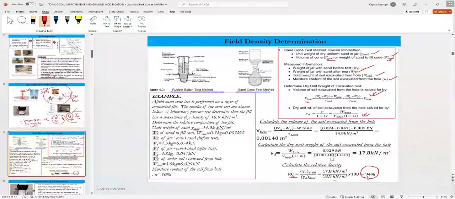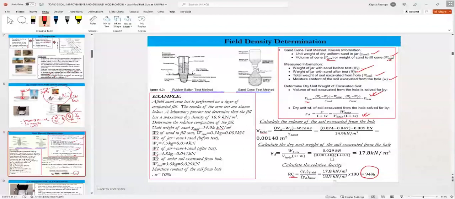Some say either compact again, or change the moisture.